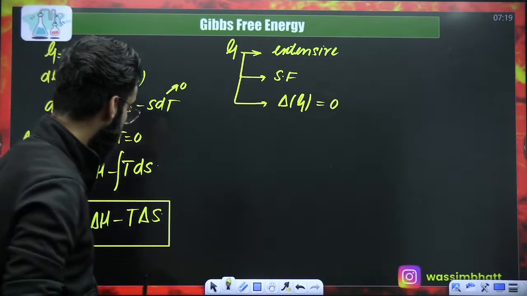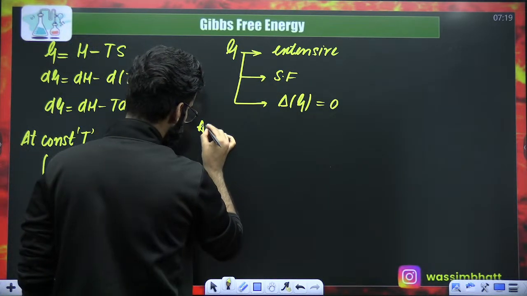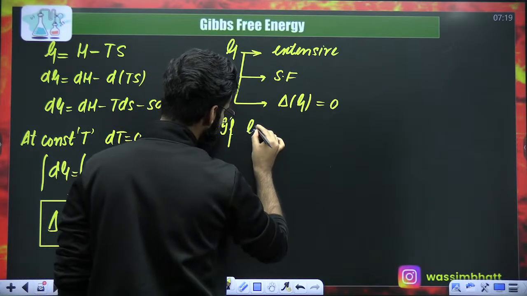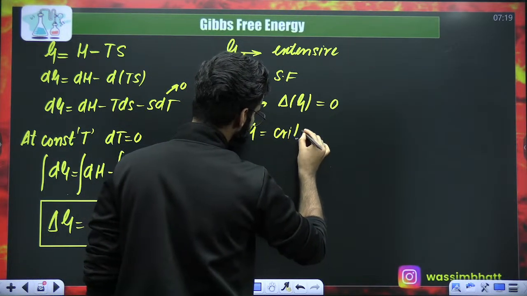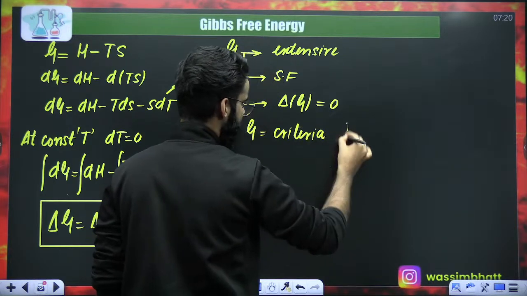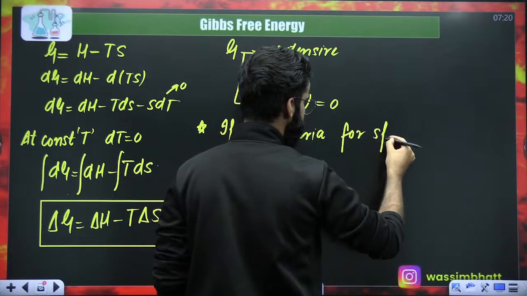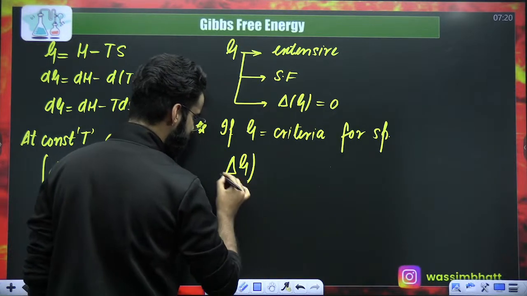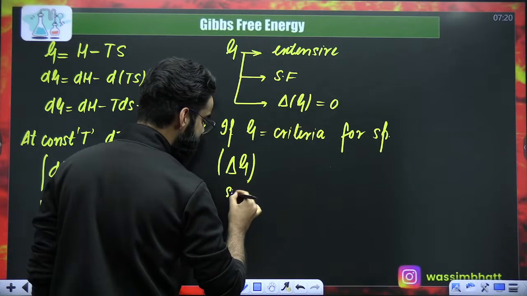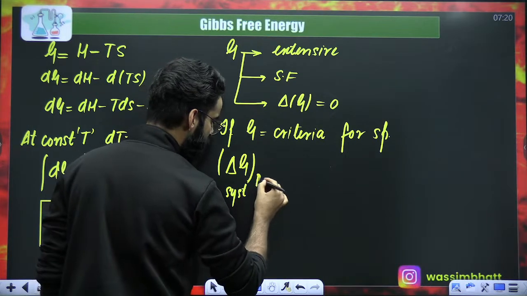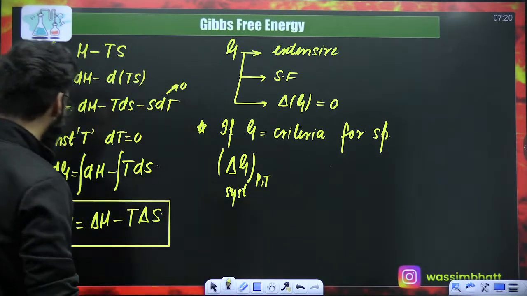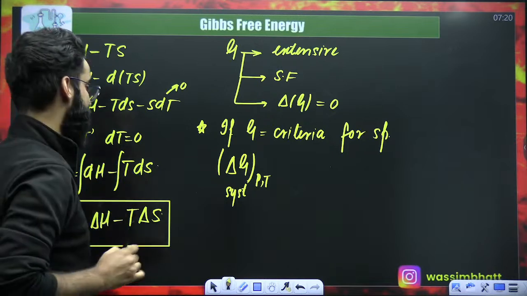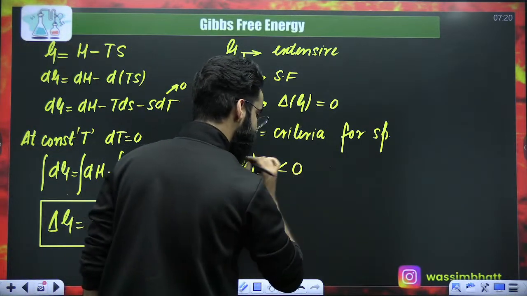Now comes the point. If Gibbs free energy is the criteria for spontaneity, then do remember, for the process to be spontaneous, delta G for the system at constant pressure and temperature has to be negative.